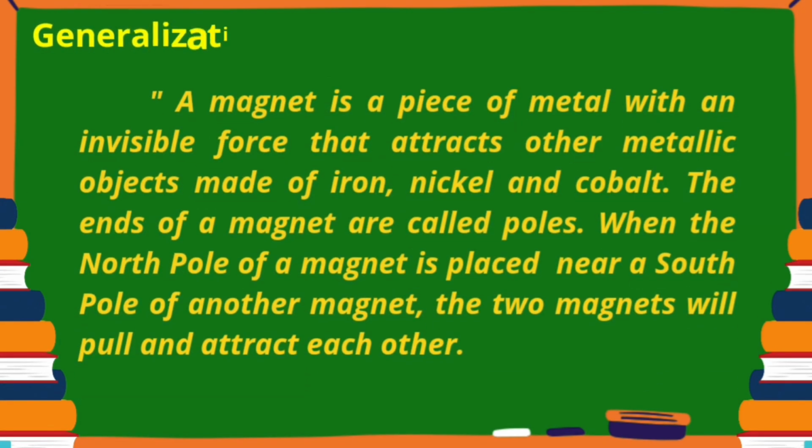Let us not forget that a magnet is a piece of metal with an invisible force that attracts other metallic objects made of iron, nickel, and cobalt. The ends of a magnet are called poles. When the north pole of a magnet is placed near a south pole of another magnet, the two magnets will pull and attract each other.